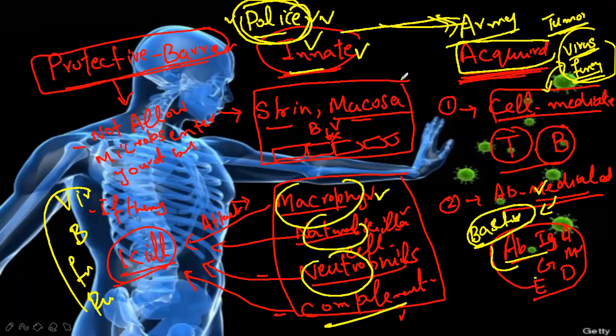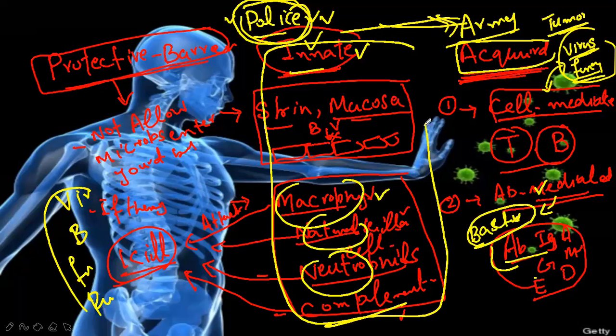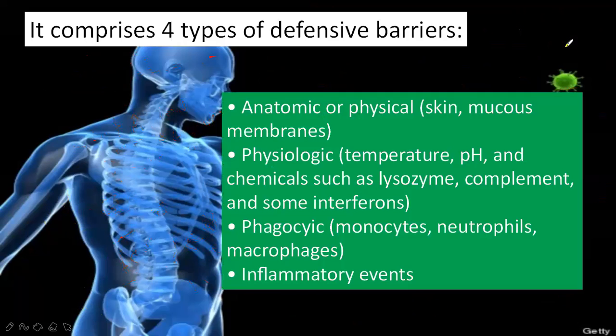I need a better defense here; the police are not able to cope with that issue. Innate immunity is just a starting point, and acquired immunity is very long term, throughout life. When it becomes active, it remains active throughout life.